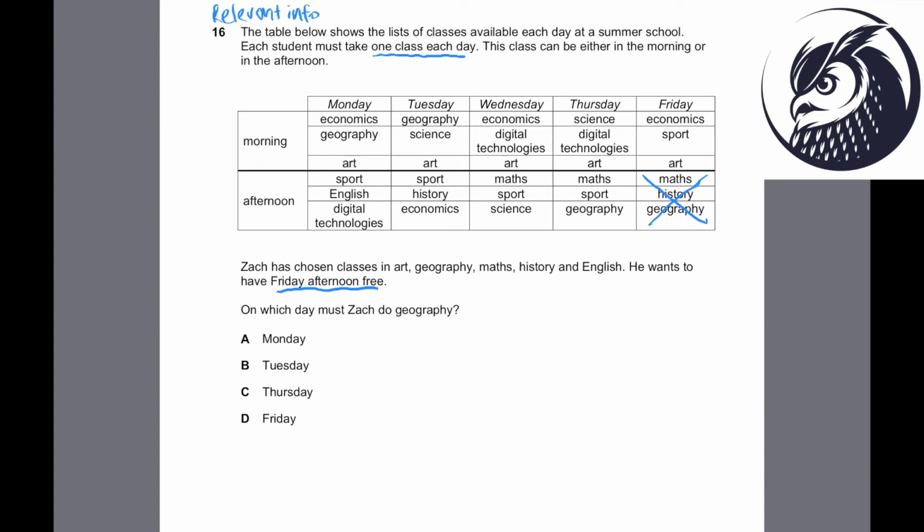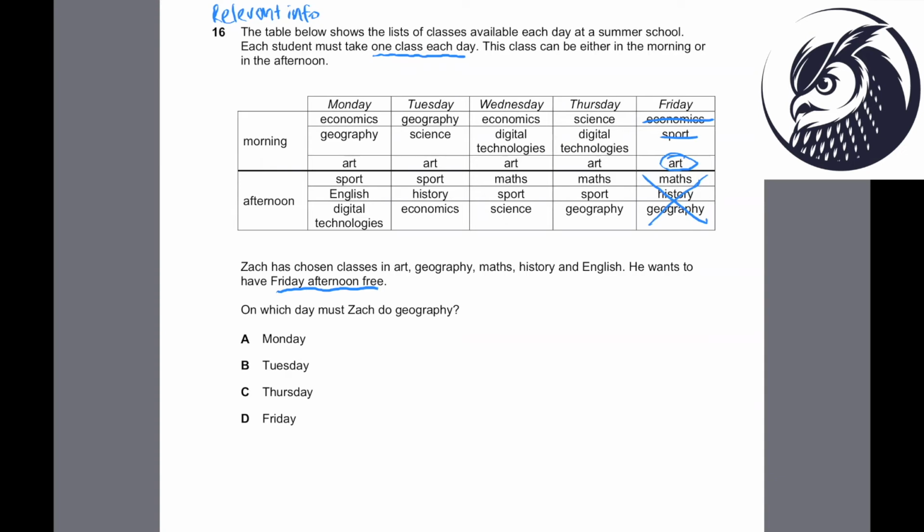So if he's not taking a Friday afternoon class over here, he has to be taking one of the classes in the morning. And we already know that he's not interested in economics and sports. It's not part of those classes that he wants. So that means the only choice he has for Friday morning is art class, because he's not interested in economics or sport.